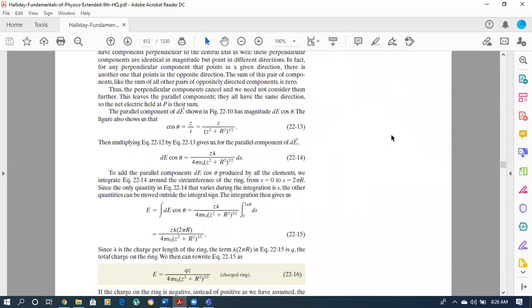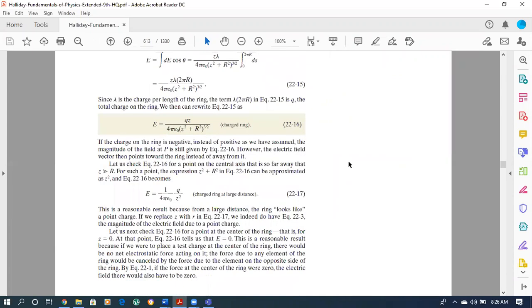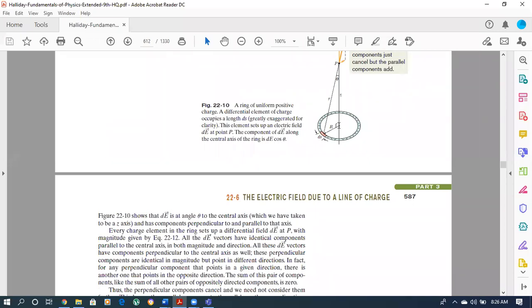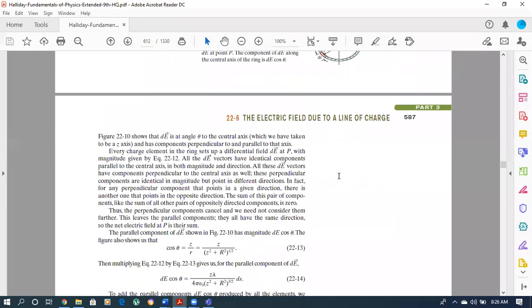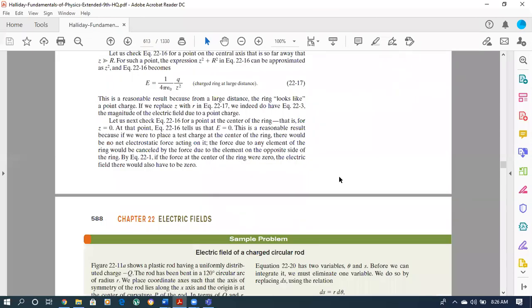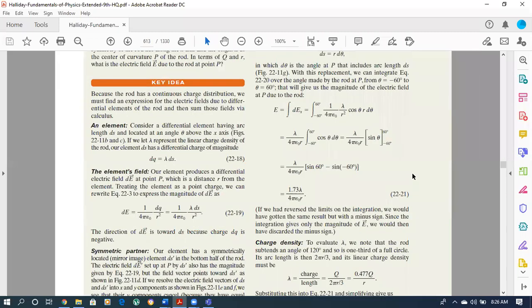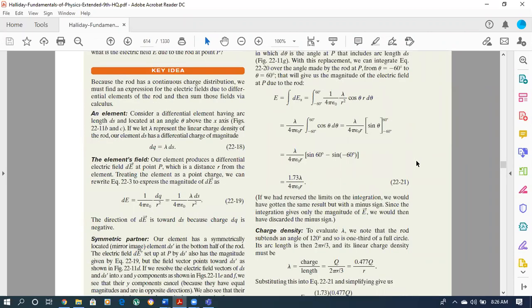At the end, the result will be described considering different situations: a charged ring at some large distance and a charged ring at the center. What will happen when point P is at the center, where z reduces to zero? The electric field will be zero at the center of the ring. So remember these results, and you can solve the equation in any situation.